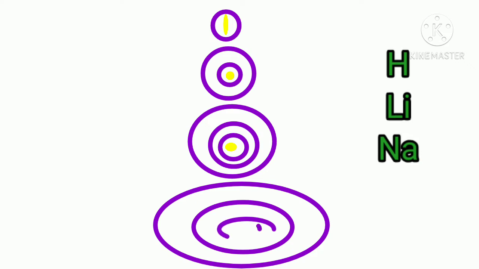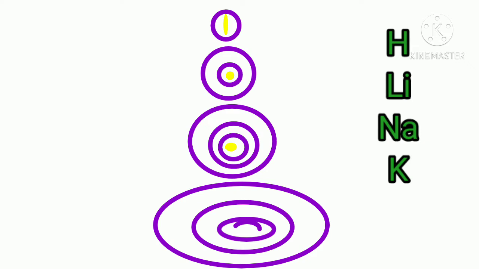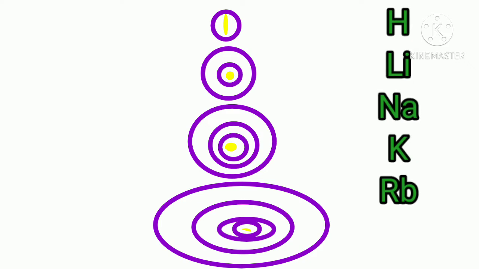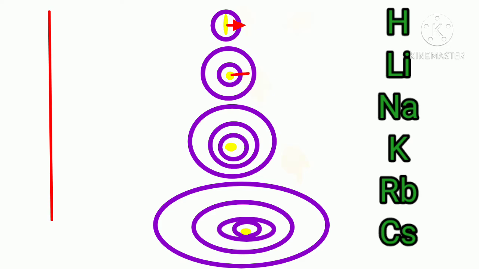The first atom is hydrogen, and going down the group slowly comes lithium, then sodium, then potassium, then rubidium, then cesium. So the atomic number increases group wise and the number of shells also increases. Then as the number of shells increases, the distance also increases.